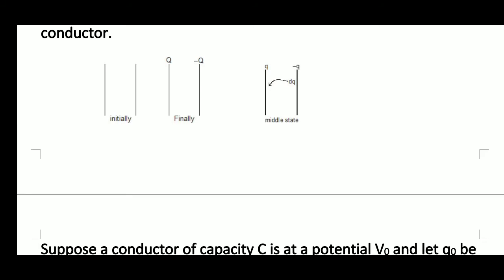Initially there is no charge, finally they have charges q and minus q. In between, when the charges were small q and small minus q, we transfer some charge from the minus q plate to the plus q plate, that is, we add some charge dq to the small q.